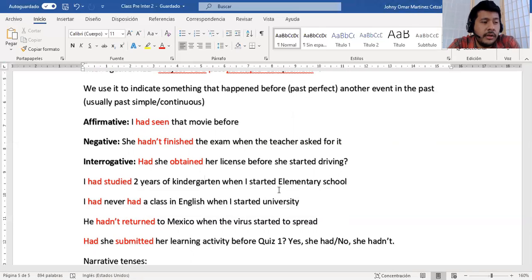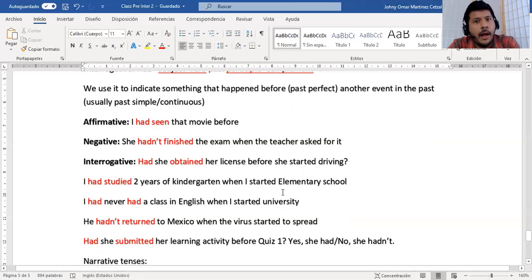Obviously, the teachers sometimes asked a question in English or made a comment in English, but the classes were practically in Spanish. So when I started university, it was completely in English, because the teacher was British, but fortunately, I understood what she was saying because I had a lot of vocabulary, a lot of studying along the years. So this is something real, and it's a good example of past perfect.